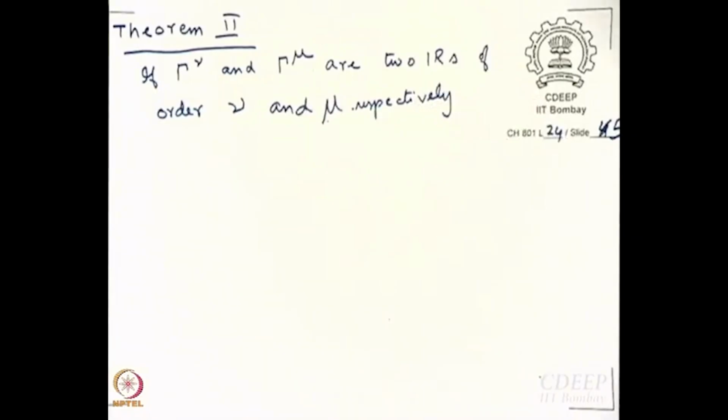And the reason why we take the trouble of writing nu and mu is that we are going to use n for something else.